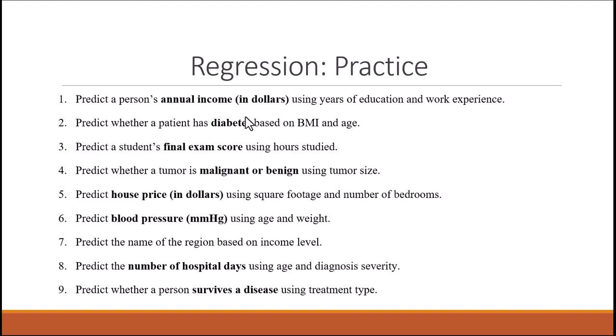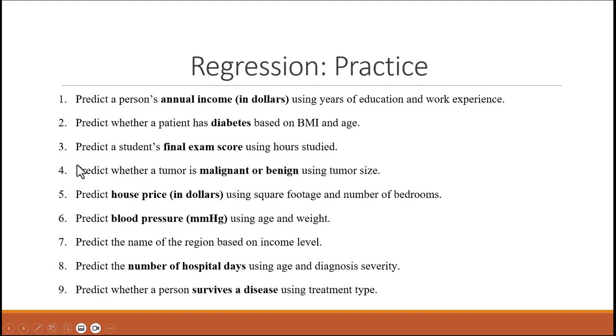Here, we just want to predict whether a patient has diabetes or not. So it is a classification problem, because we want to see whether the result is yes or no. So we cannot use linear regression in this problem.